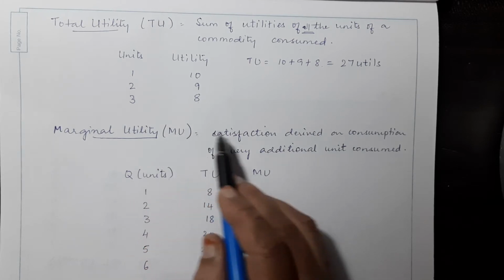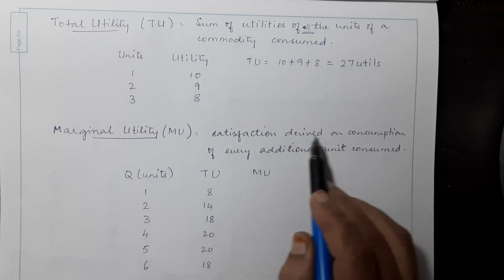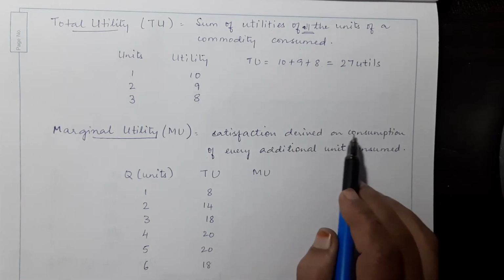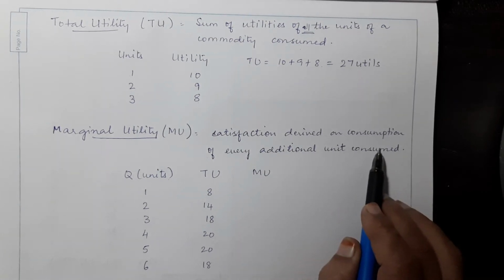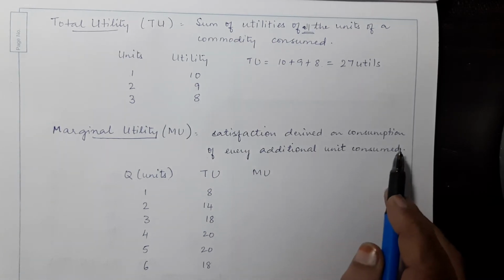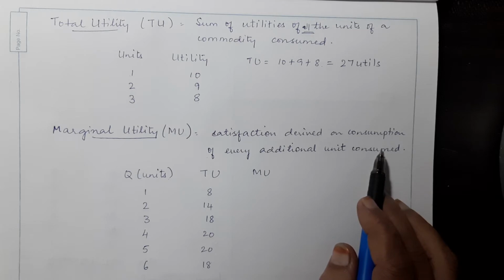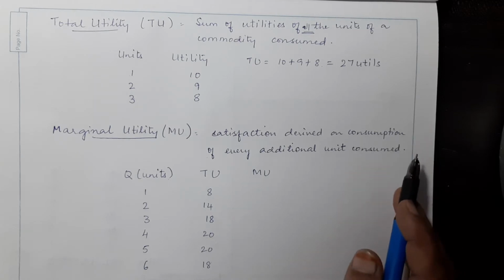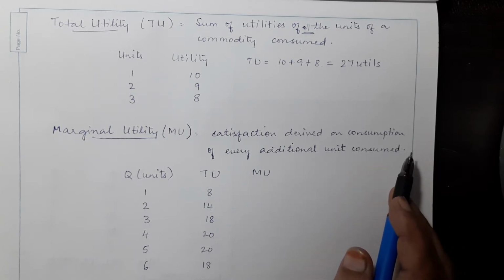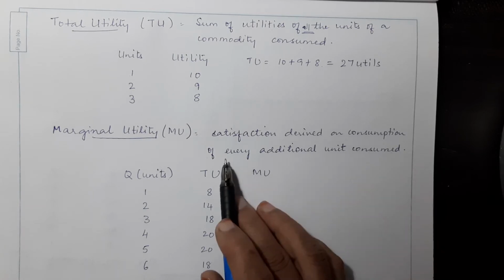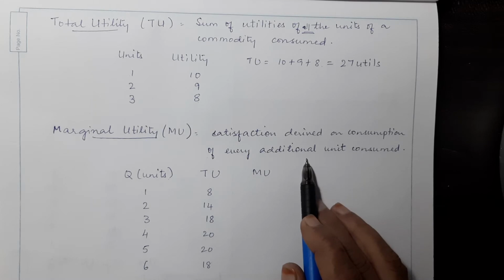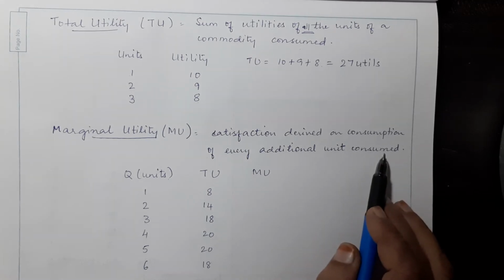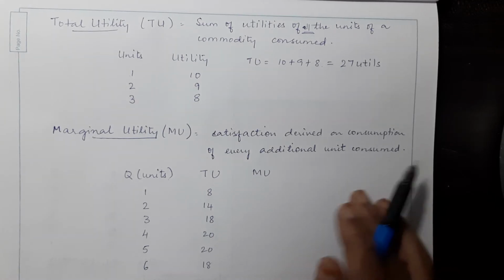It is the satisfaction that a consumer derives on consumption of every additional unit consumed. Now he doesn't stop with 1 unit, isn't it? He consumes one after the other. So what is the marginal utility? It is the satisfaction on consumption of every additional unit that he consumes. Let us see how it is calculated.